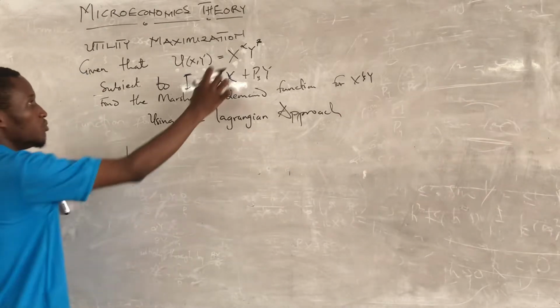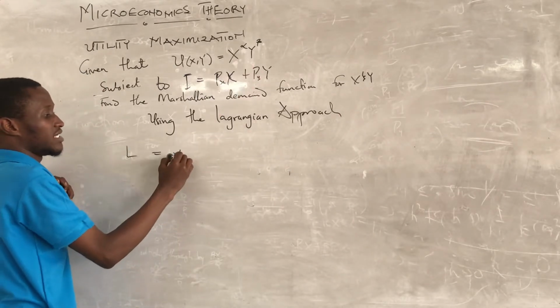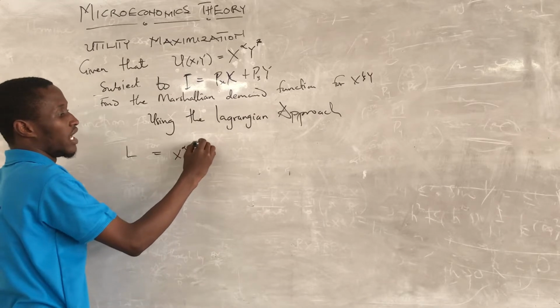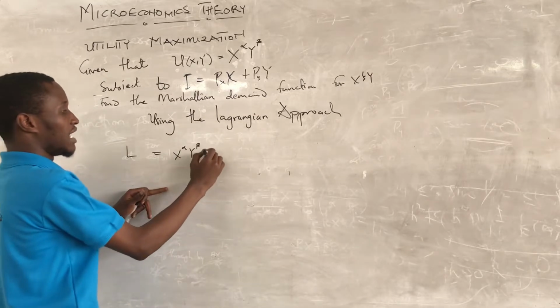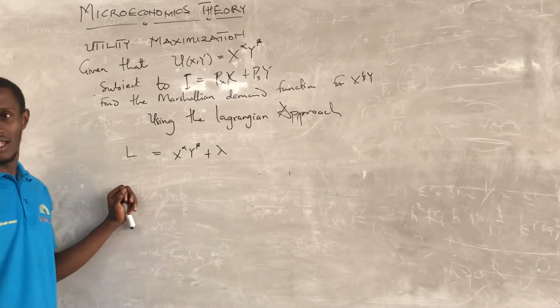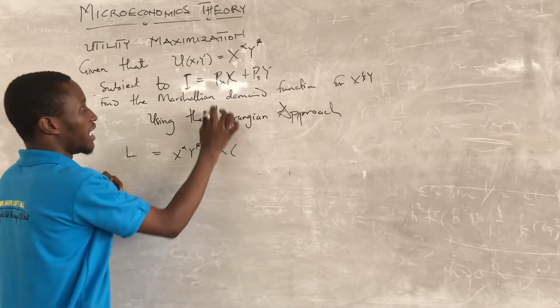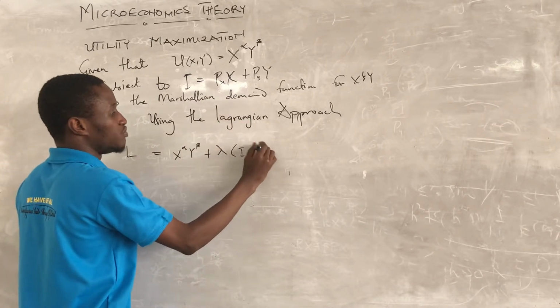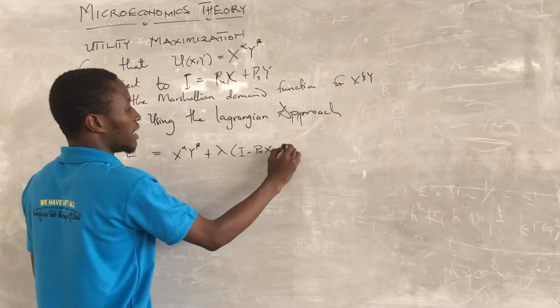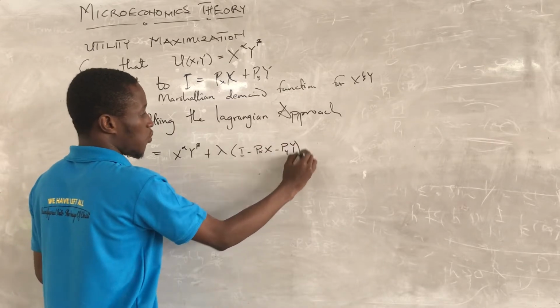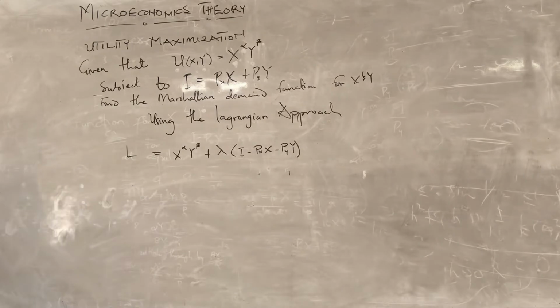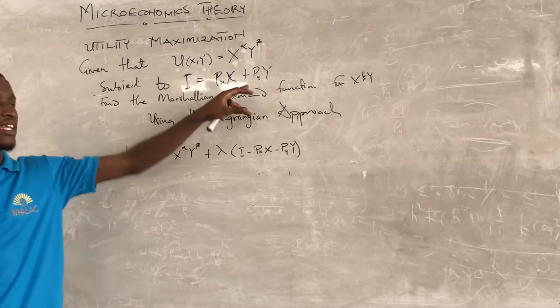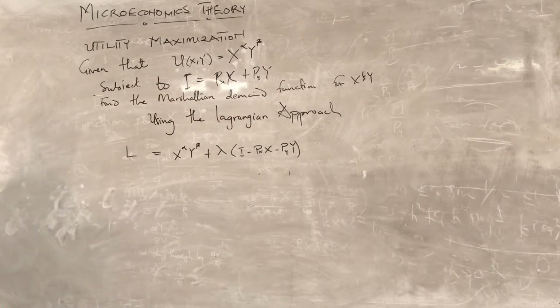So the Lagrangian will be x^alpha y^beta plus the Lagrangian multiplier lambda multiplying I minus bx x minus by y. So this is the Lagrangian function. So we use the utility and the subject constraint, or budget constraint, sorry.